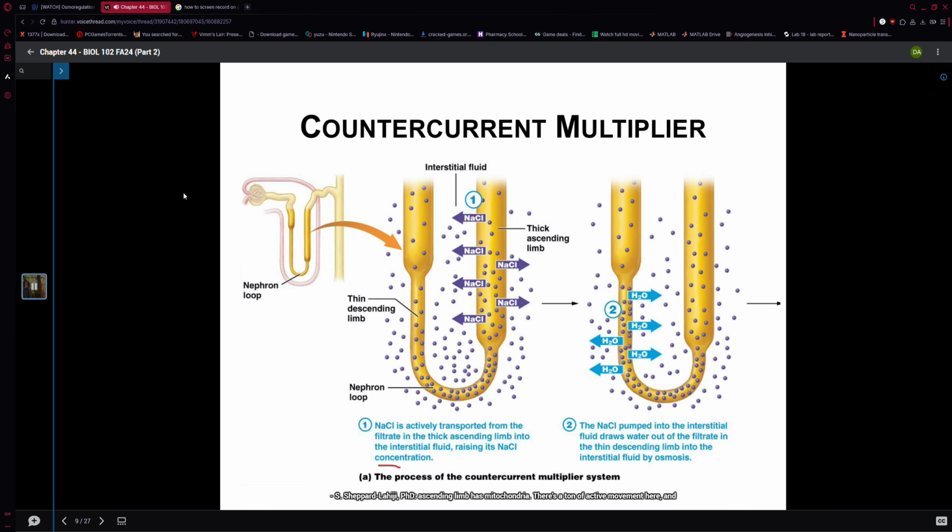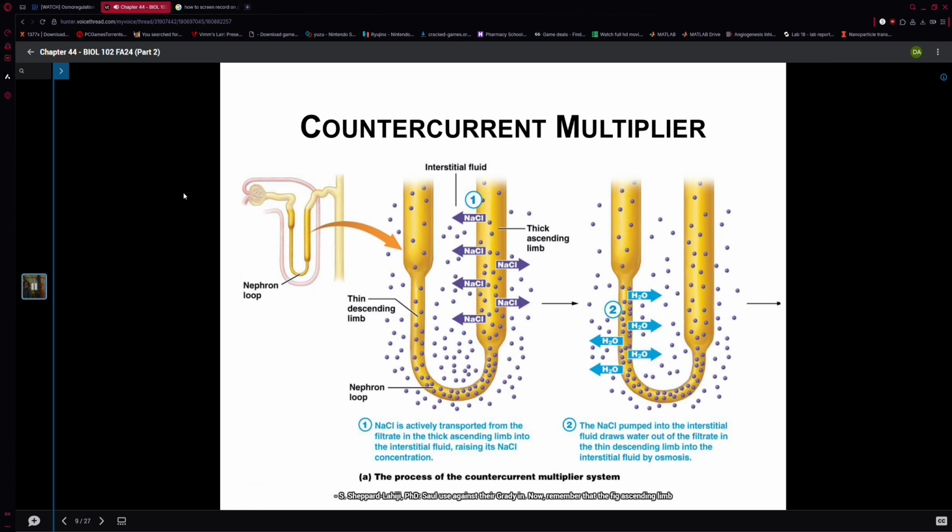And remember that the thick ascending limb has mitochondria. There's a ton of active movement here. And so the active transport that's occurring is the pumping out of salt. And that salt is going to head into the interstitial fluid. So we are able to move salt out of the tubule. We have a ton of mitochondria, so we have a ton of ATP, which is going to help drive this active transport of solutes against their gradient.